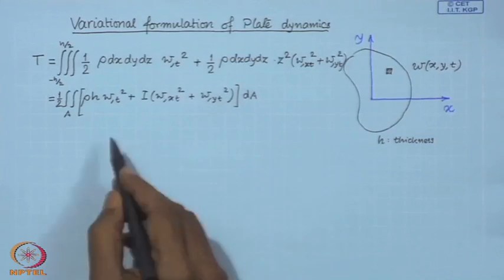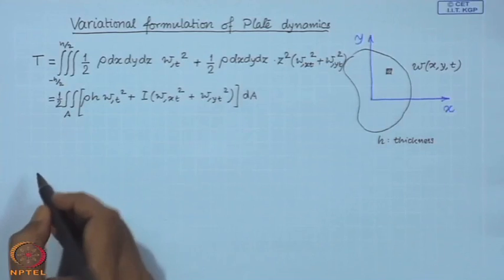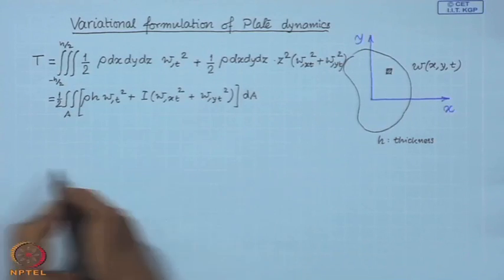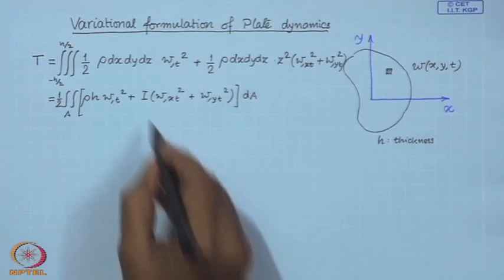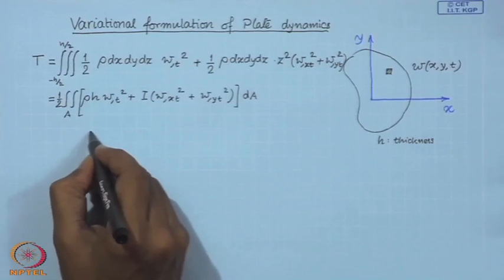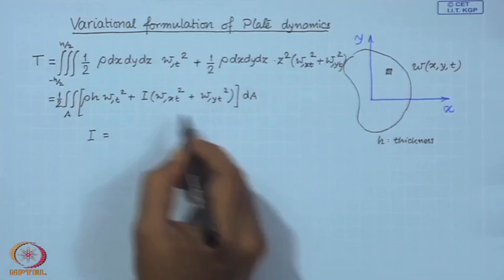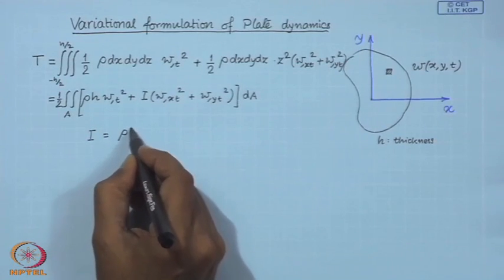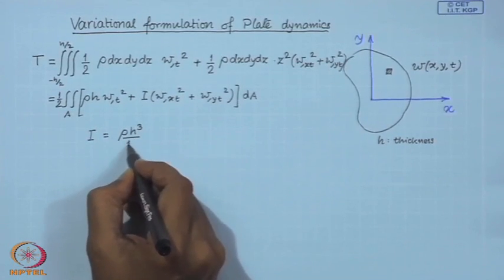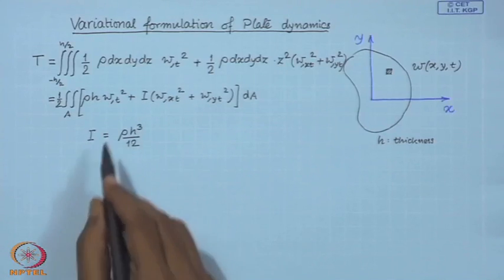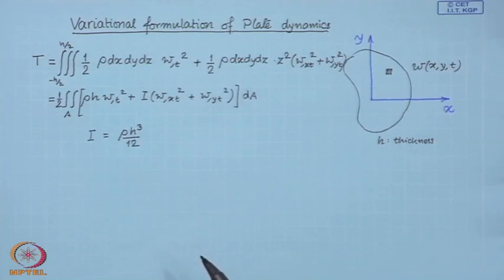It is the integral over the area of the plate. So, that is the kinetic energy. Now, this I is the moment of inertia per unit area of the plate.